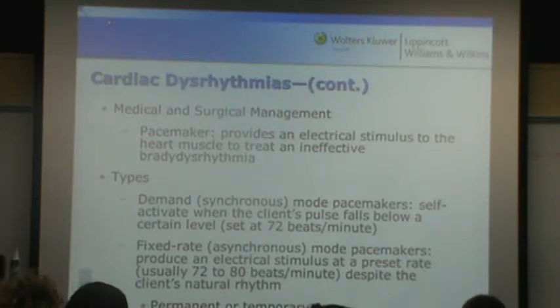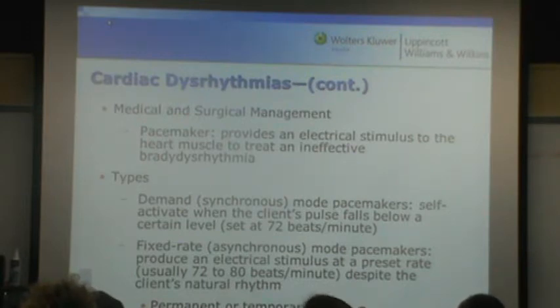Does that make sense? So for example, if it's set at 72 beats per minute and their heart rate drops to 65, then it's going to start pacing them. All right? And now to answer your question, if it's not pacing them, you won't see it on the monitor. You will only see it if it is pacing them.